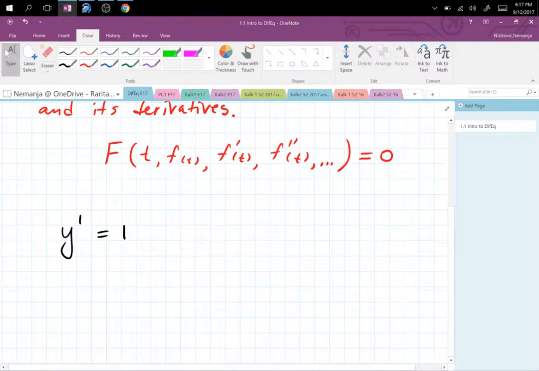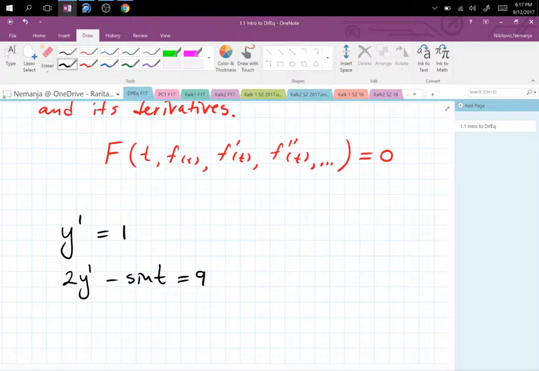But then other examples might include 2y prime minus sine t equals 9. That is also a differential equation. You see that it contains some kind of a function, f of t, and then there is also the y prime.